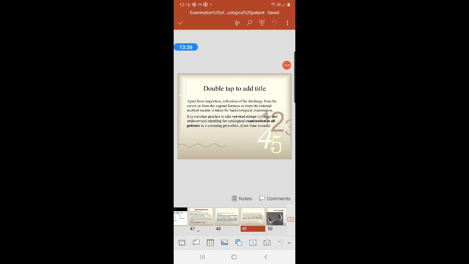You have to make a habit of taking cervical scrape cytology, because nowadays cervical cancer is very common. With the help of the speculum, we can collect the samples of discharges or smears from the cervix, the vaginal fornices and the urethral meatus for bacteriological or cytological examination, which is for screening purposes.